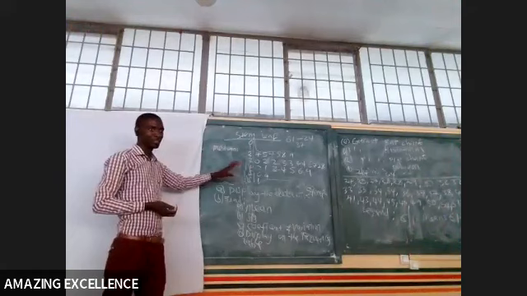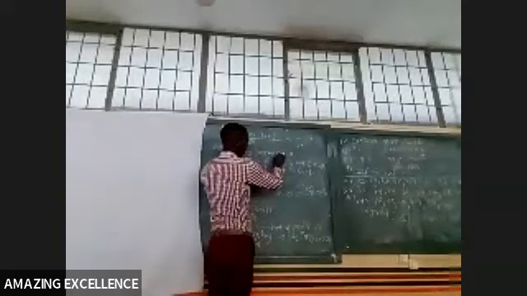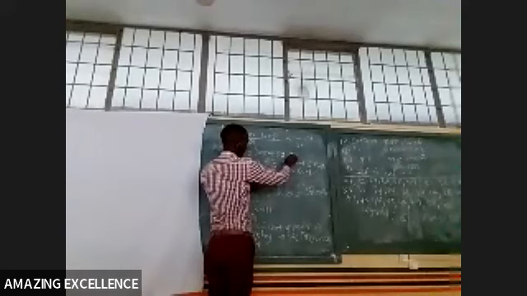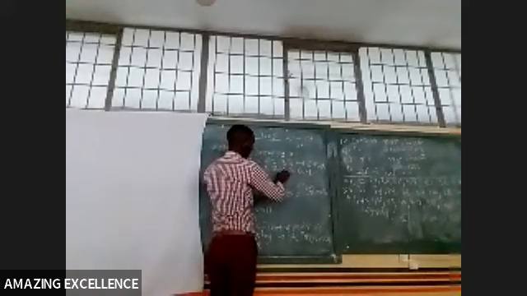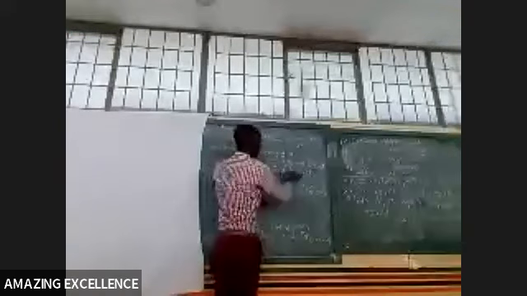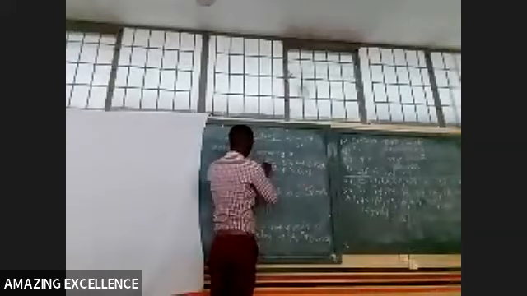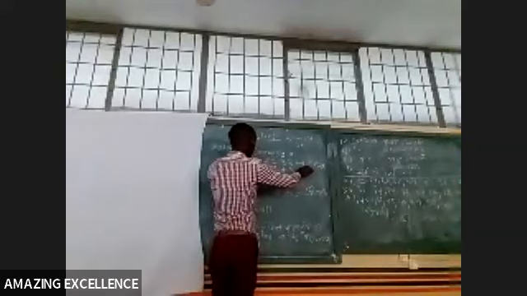So you're going to cancel this one and this one, and this one and that one, right? This one and this one, this one and that one, this one and this one, and the other one, and the 6, right?